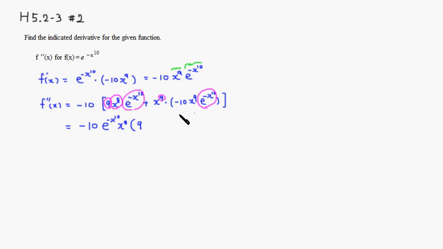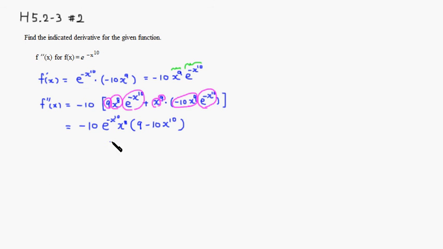And then you're going to have negative 10 x to the 10th power, right? Because I'm combining negative 10 x to the 9th, then you have another x there, right? So that's everyone right there, right?